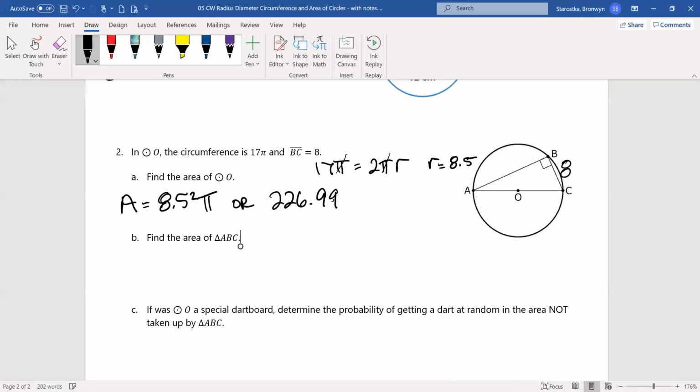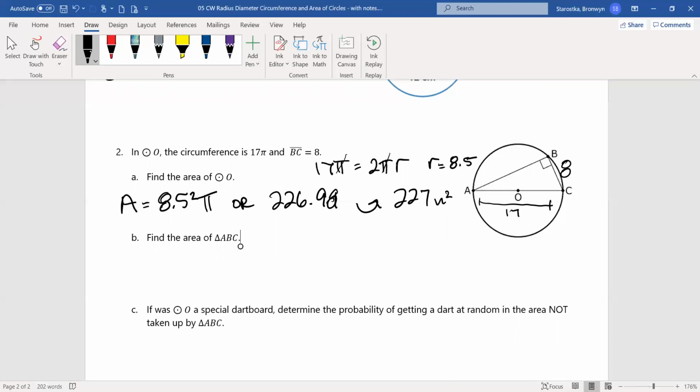Oops, let's go ahead and just round that up to 227 units squared. If I wanted to find the area of the triangle, and I know my radius is 8.5, then I know that my diameter is 17.